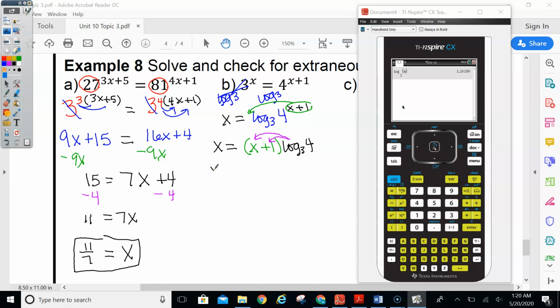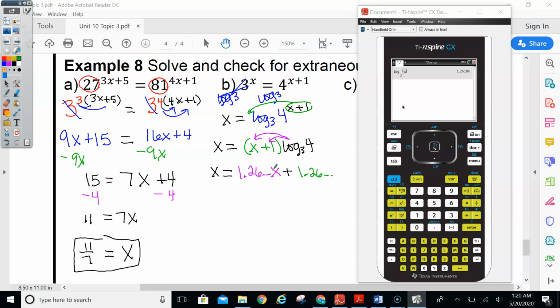So I'm going to get x equals, when I distribute it to x here, that number is 1.26 stuff with an x on it, plus when I distribute it to 1, is just 1.26 stuff with no x on it.